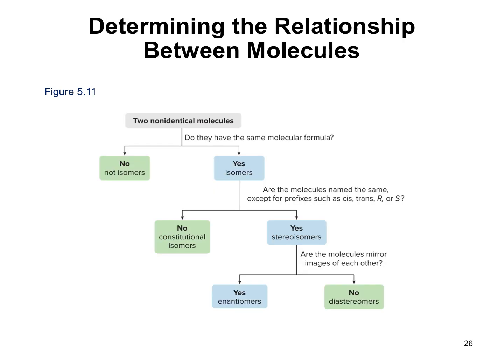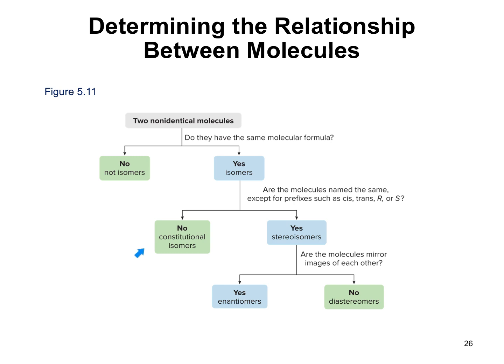Here is a way to help you determine the relationship between the molecules. If you have two non-identical molecules, the first thing you need to ask yourself is, do they have the same molecular formula? And if the answer is no, they are not isomers. If it is yes, they are isomers. Then ask yourself, are the molecules named the same except for prefixes like cis, trans, R, and S?